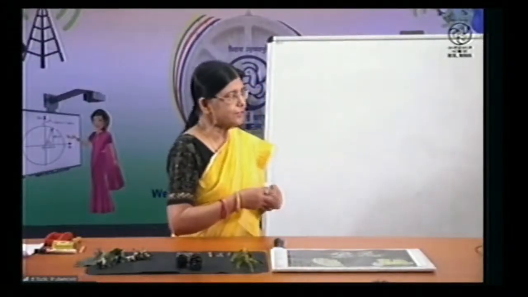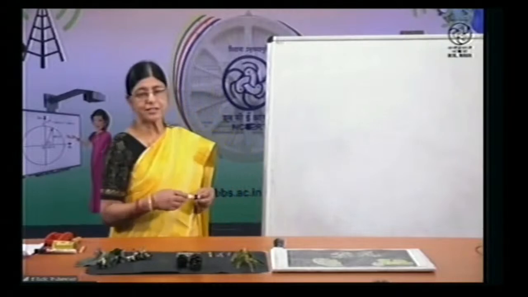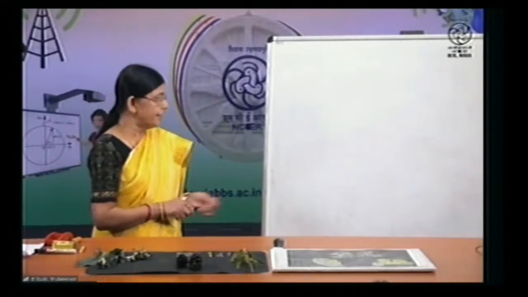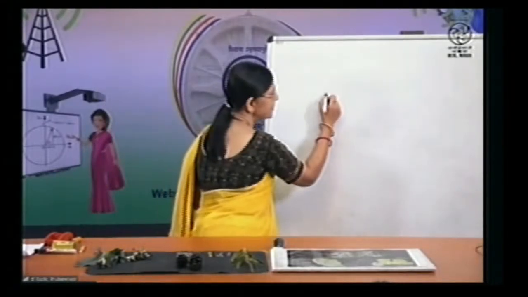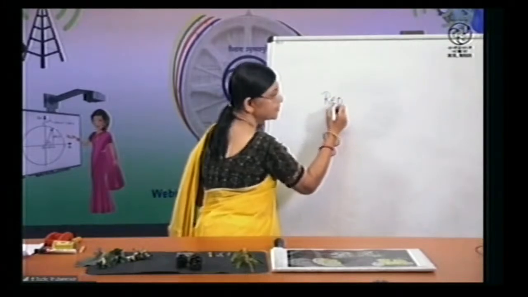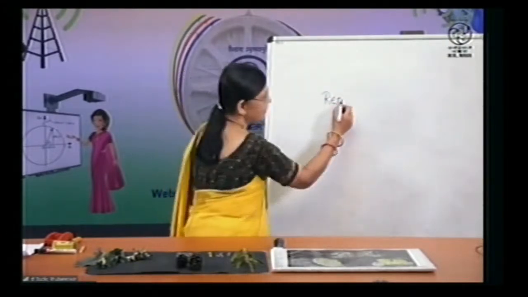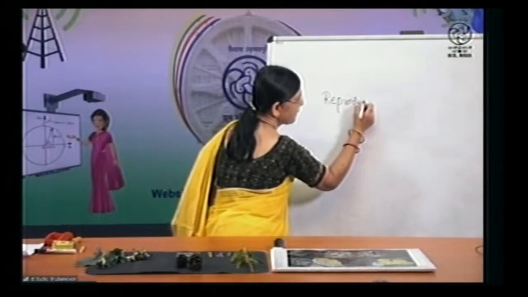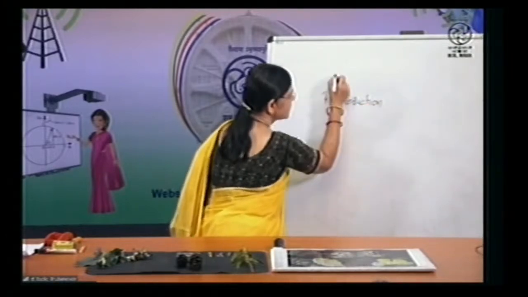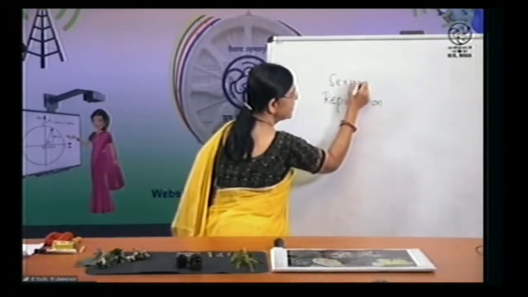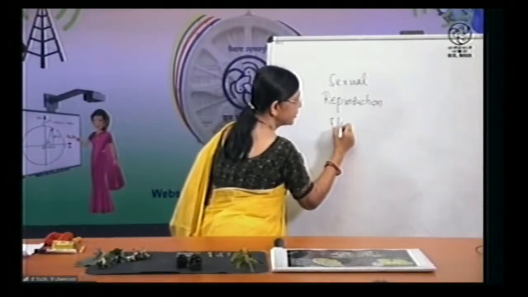So today our session, as already it has been told, is sexual reproduction in flowering plants. In this we are getting three terms: one is reproduction, one is sexual, and another is flowering plants.